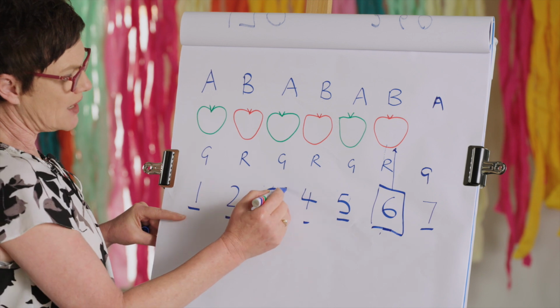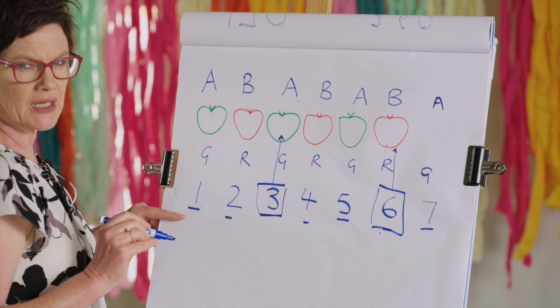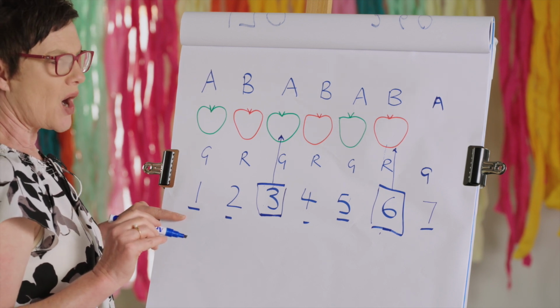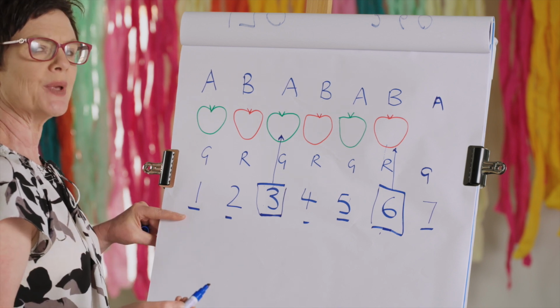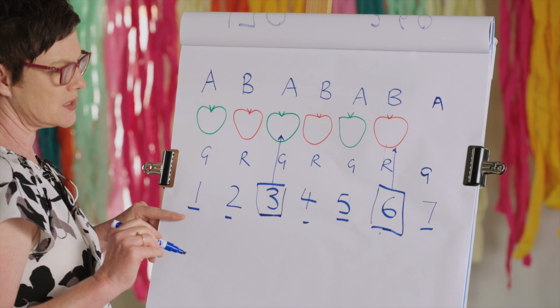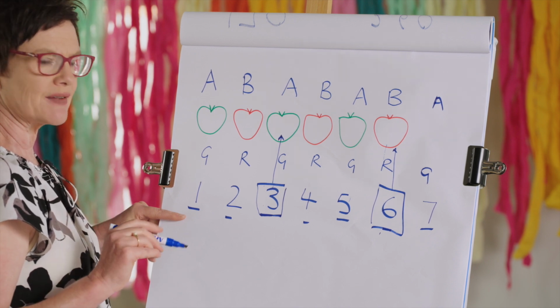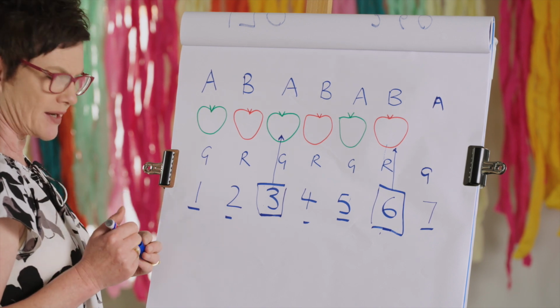And each time I have an odd number, I have a green colour. So my question to you might be, I wonder what colour my 10th apple will be. I wonder if you can see the pattern in that, odds and evens. I'll leave that with you. Just have a little think about it.